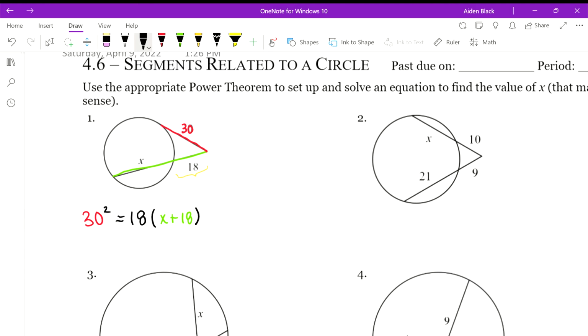Now all we have to do is evaluate. 30 squared should be 900. And then we distribute 18x plus 18 times 18. What is that? 324. Subtract 324 from both sides.